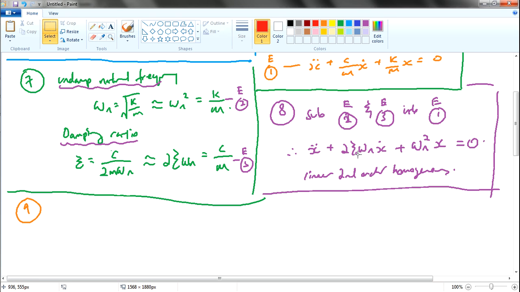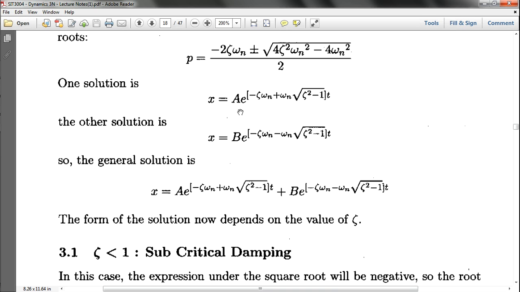So this is the general equation. Later I'll tell you how it's solved. It's in terms of the damping ratio and the natural frequency omega.